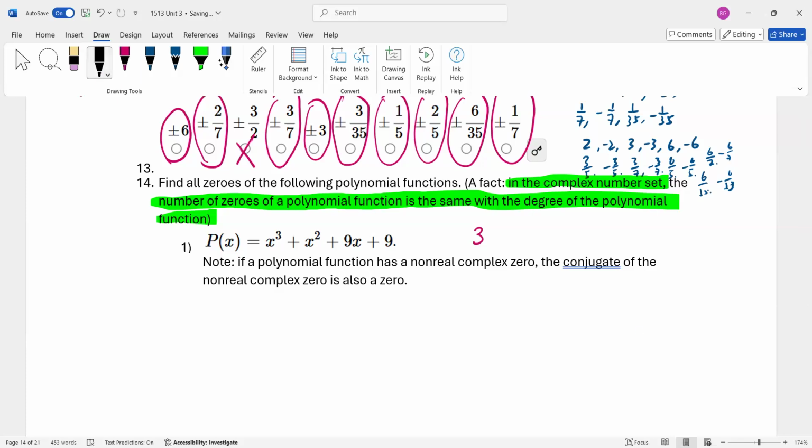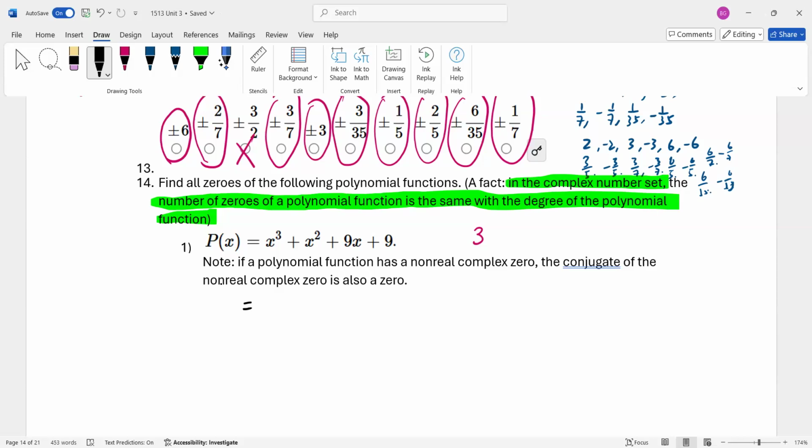So let me factor this polynomial for you. This polynomial has 4 terms. In Foundation 2, you might remember, if we need to factor a polynomial containing 4 terms, we should consider a method called factoring by grouping. And this one, the grouping method applies to factor it.